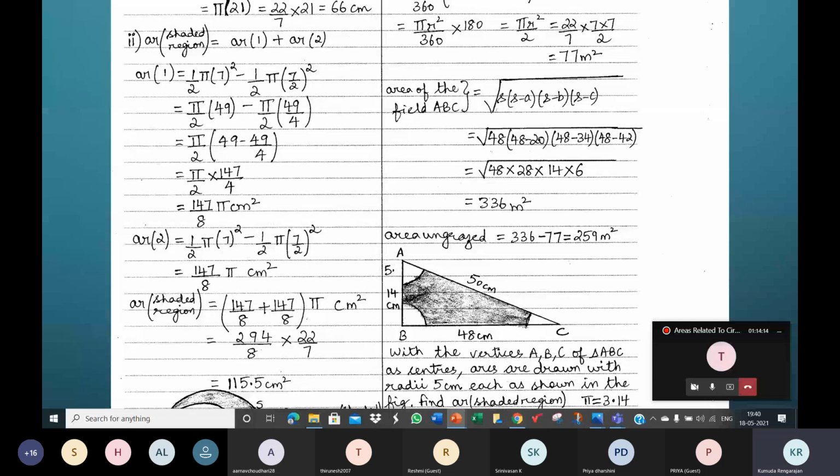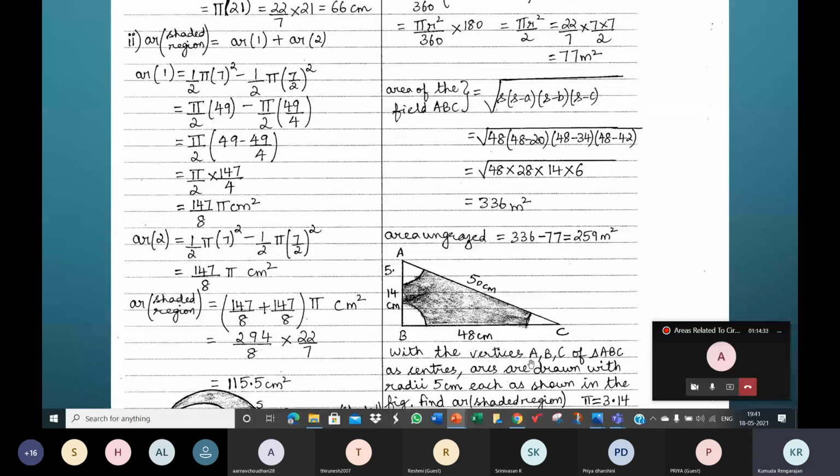Isn't this similar to the earlier one? Yes, ma'am. With the vertices A, B, C of triangle ABC as centers, arcs are drawn with radii 5 centimeters each.